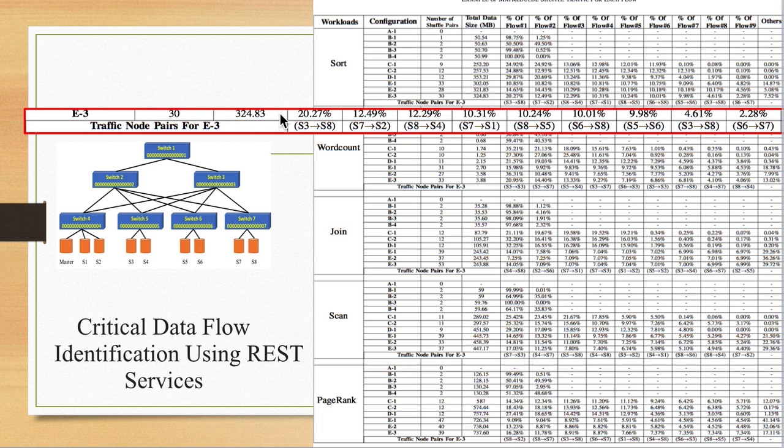However, with our approach, the controller has a comprehensive view of the network traffic. It takes a snapshot of the overall network condition every couple of seconds. Here's one example to show how the controller understands each pair of the Hadoop traffic. For this particular job E3, we ordered the traffic pairs by the size of the traffic. We also know the timestamp of the traffic and where it's coming from.